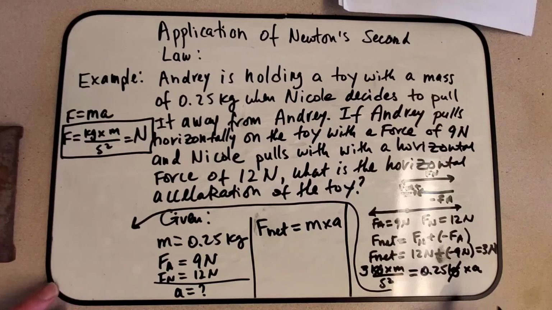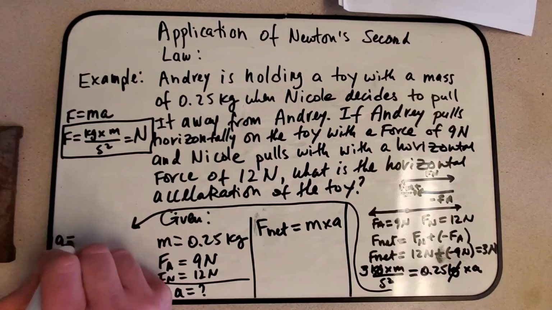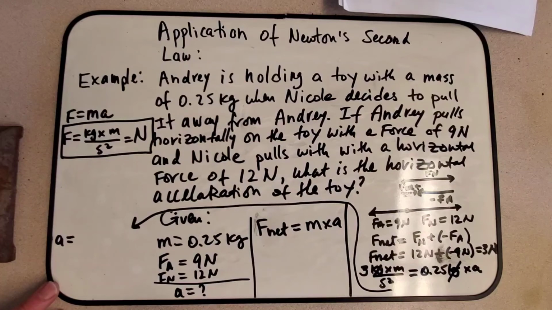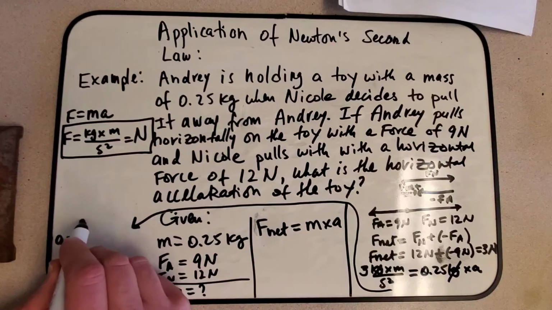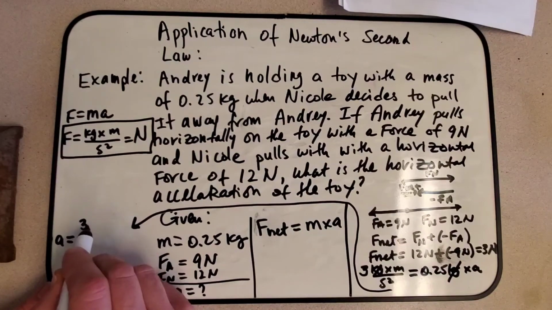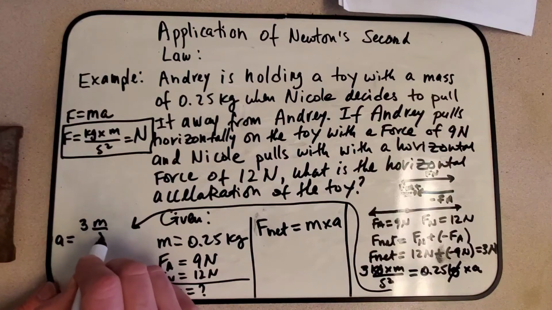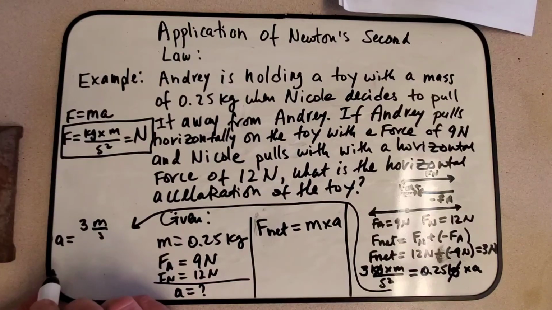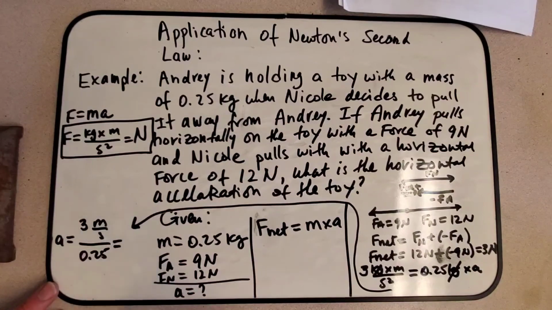Now all I have to do is say that a, by cross multiplying, is equal to 3, I cancel the kilograms, meters per second squared, and then that would be divided by 0.25. All I have to do now is find the acceleration. I just have to use a calculator, real quick.